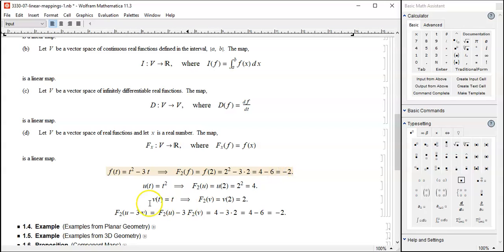Another example here, u of t is t squared. That's a real function as well, and then plug in t equals 2, the same deal. That's what this capital F of 2 does. Plug it in, do your computation, that's 4. How about v? v is t, plug in t equals 2 and I get 2. And now here's the punchline. F2 of u minus 3v. Let's calculate that.